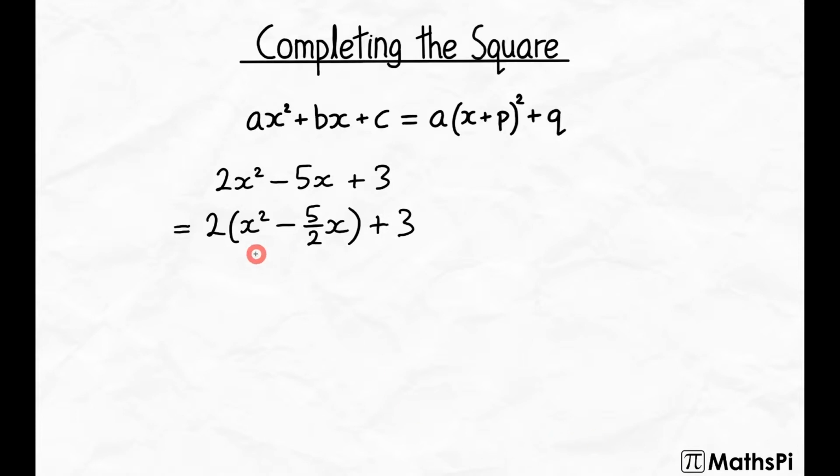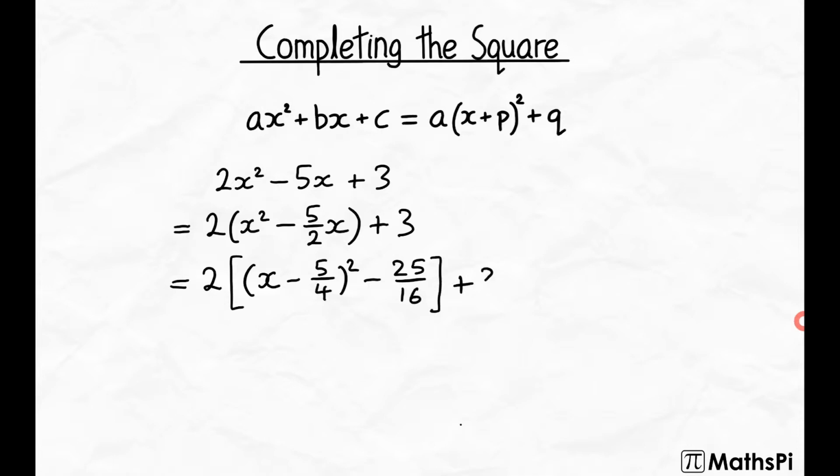We then complete the square for this part, leaving everything else the same, which means we need a 2 here and open up a large bracket. Completing the square here will give us x minus 5 over 4 squared minus 25 over 16. And then the plus 3 outside.